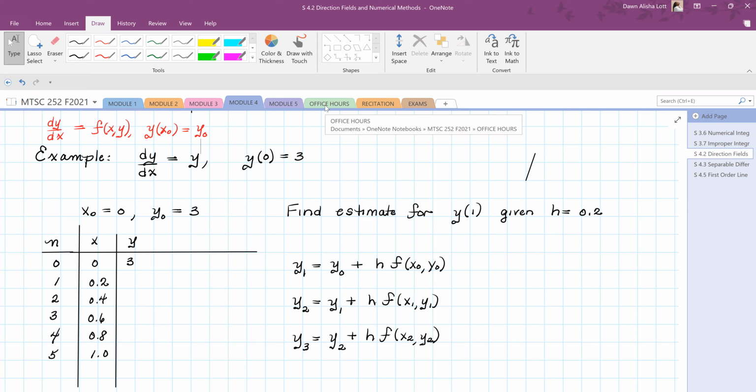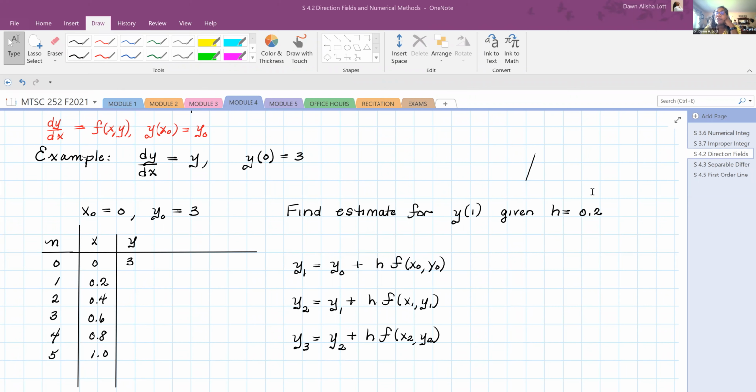Is it because we differentiate? Okay, I hear somebody talking. What did you say? Is it because we differentiate? Okay, that's close. It's called the differential equation because it's an equation that contains y and its derivative.